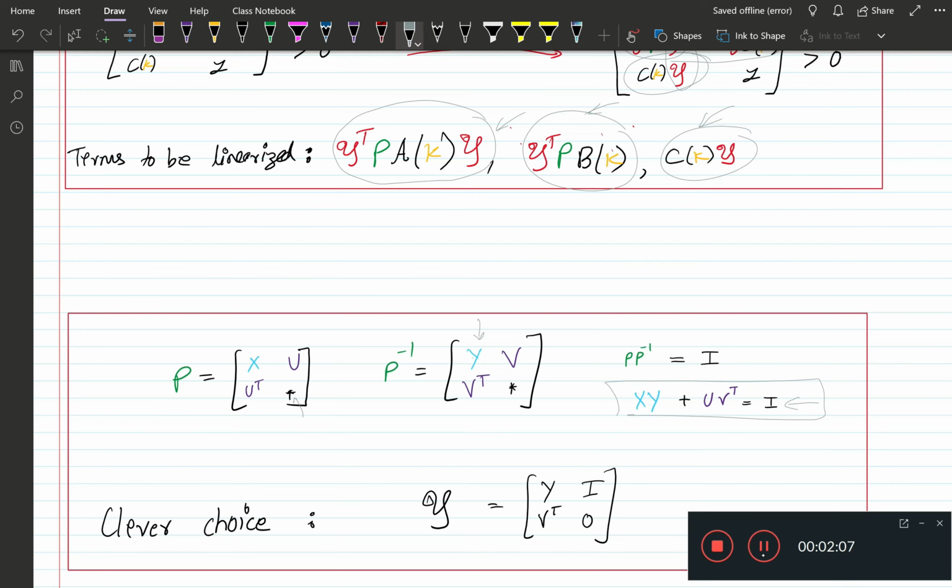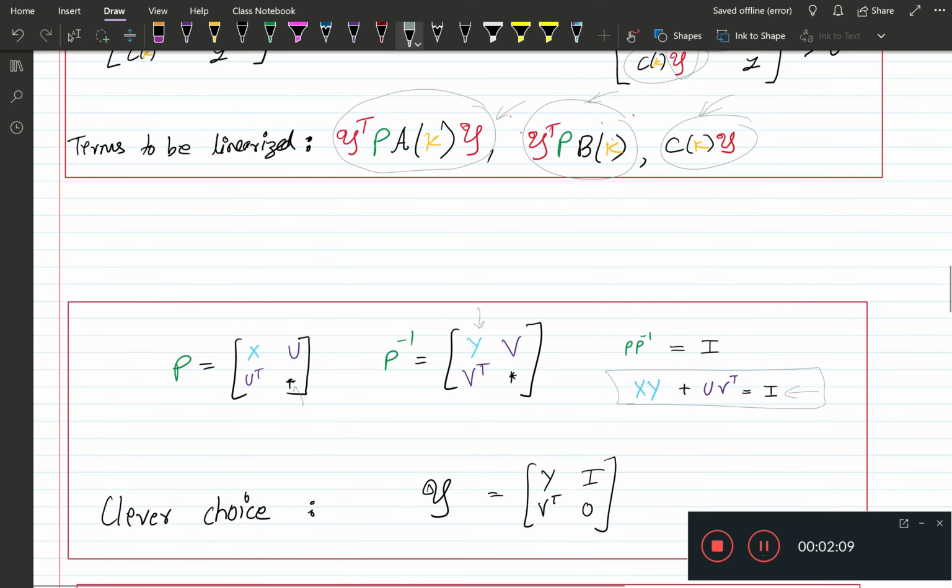This we will use later. With this splitting, we can select the Y to be Y V transpose as the first column of P inverse, and identity 0 as the second column. This choice of Y essentially does the job of linearizing these three terms.